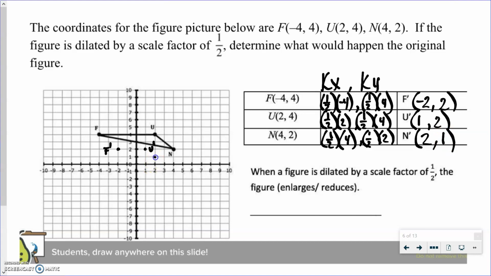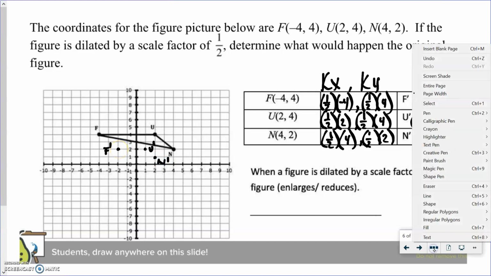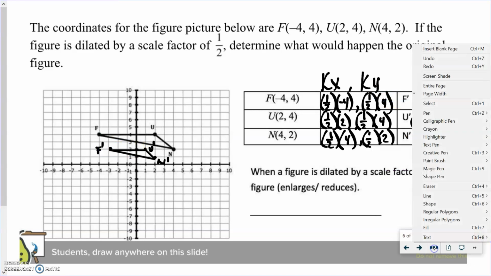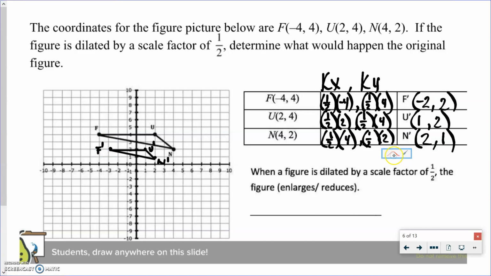So 2, 1 is N prime. So we connect our dots. Now that we have our dots connected, we notice that this triangle is smaller. So since it is smaller, it is a reduction. We also know that it is a reduction because our scale factor is less than 1, but greater than 0.